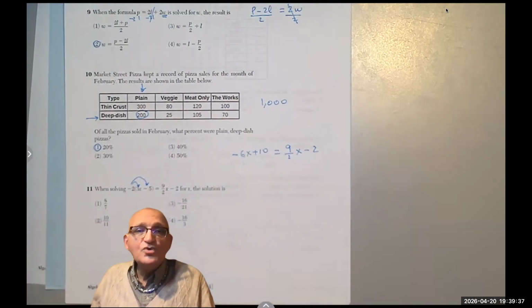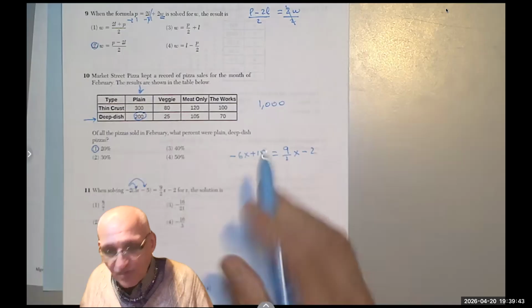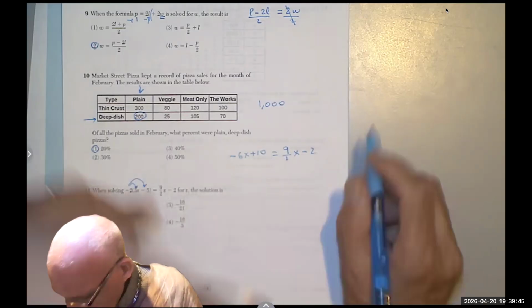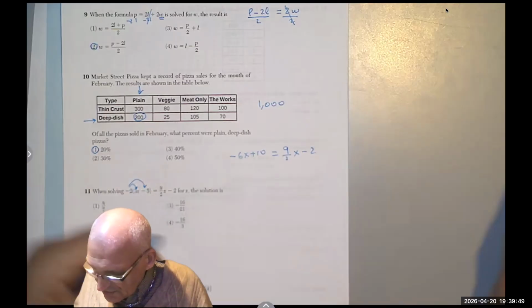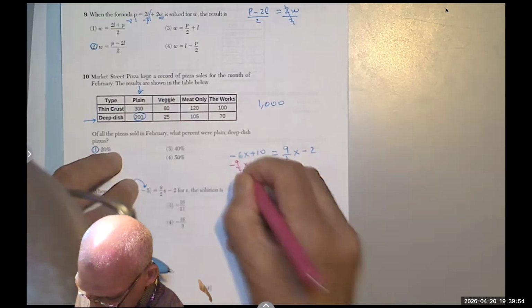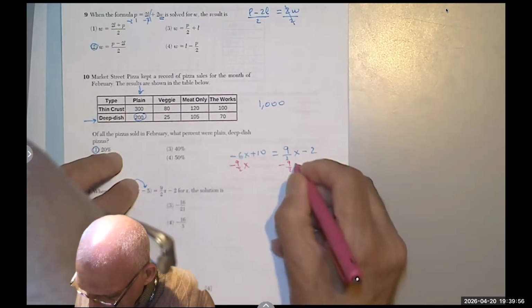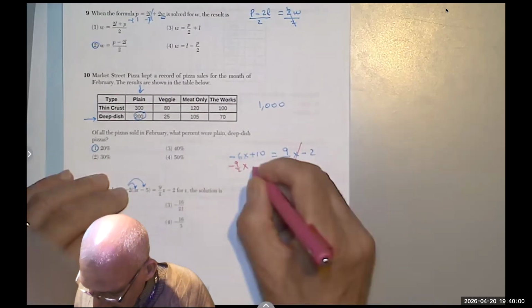Then I'm going to move the x's to the left and the constants to the right. Or I do the opposite if I want them to be positive numbers. Anyway, it doesn't matter. So first, I'm going to subtract 9/2 x. And then I want to move the 10 here. So I'm going to subtract 10.